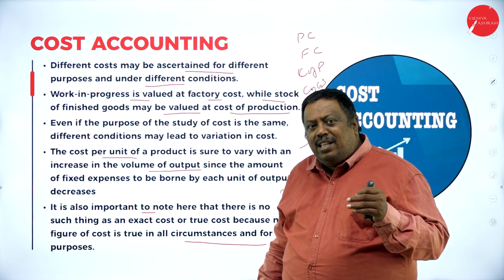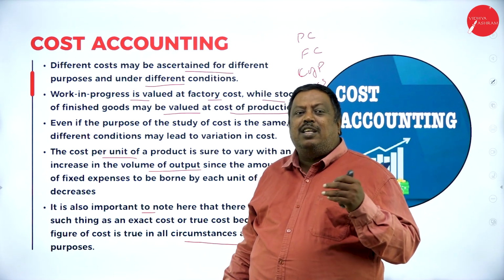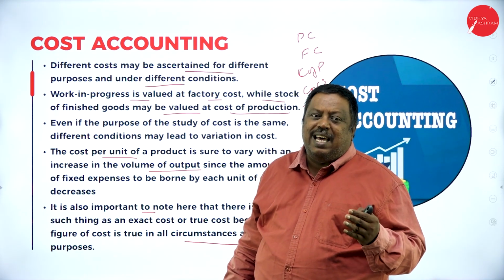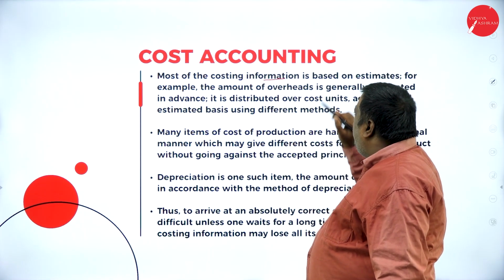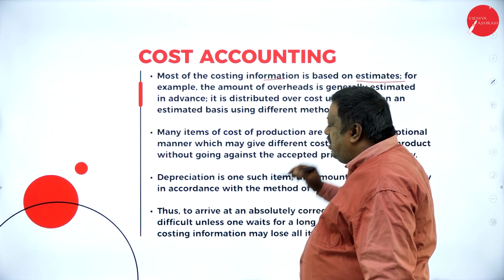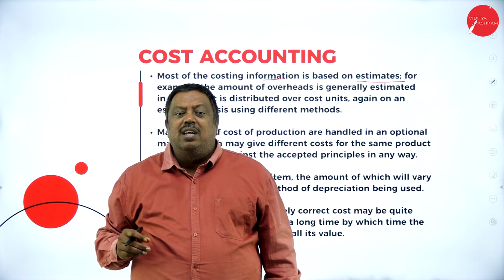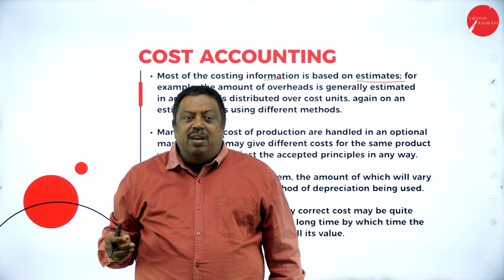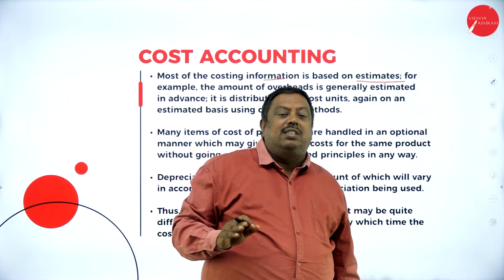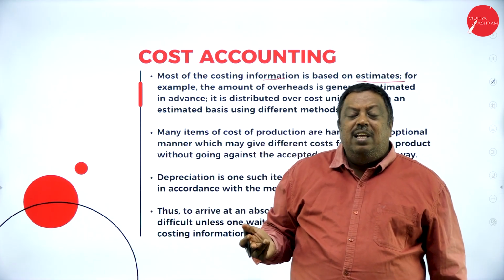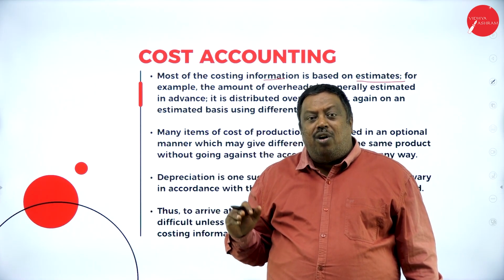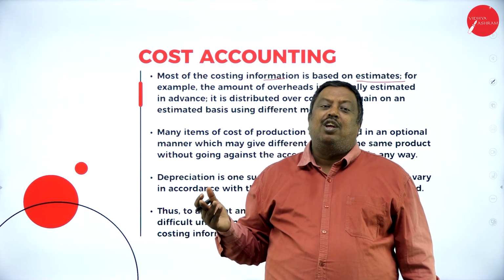And sometimes the cost of a product, whatever has been given, cannot be exact. Most of the costing information is based on estimates. In some cases, some costs are estimated information. Whether it is incurred or not, we can't make out, because the cost information is recorded without any source documents.